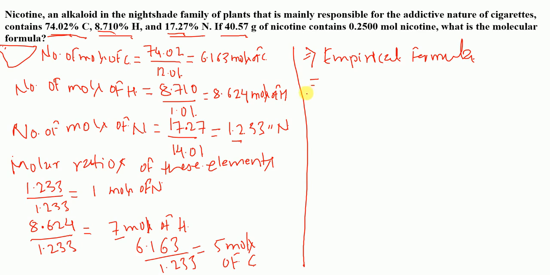The empirical formula simply will be C5H7N, where N1 is simply N. Why C5? Because for carbon we have a relative molar ratio of 5, for hydrogen 7, and for nitrogen 1. So this is the empirical formula.